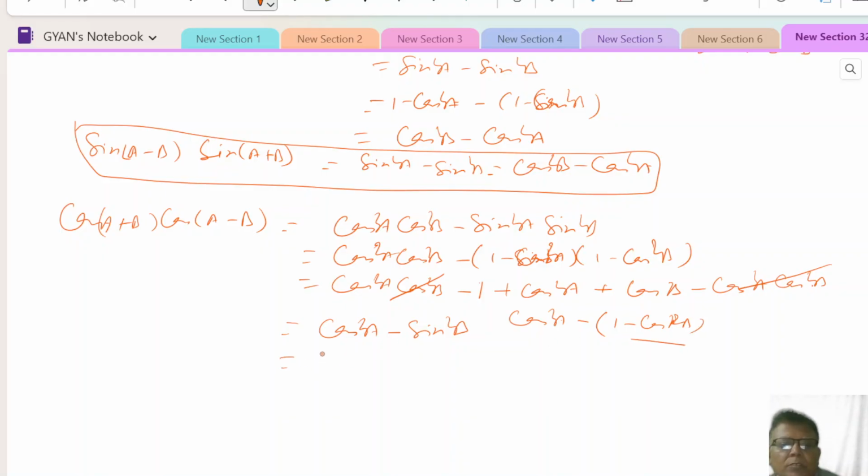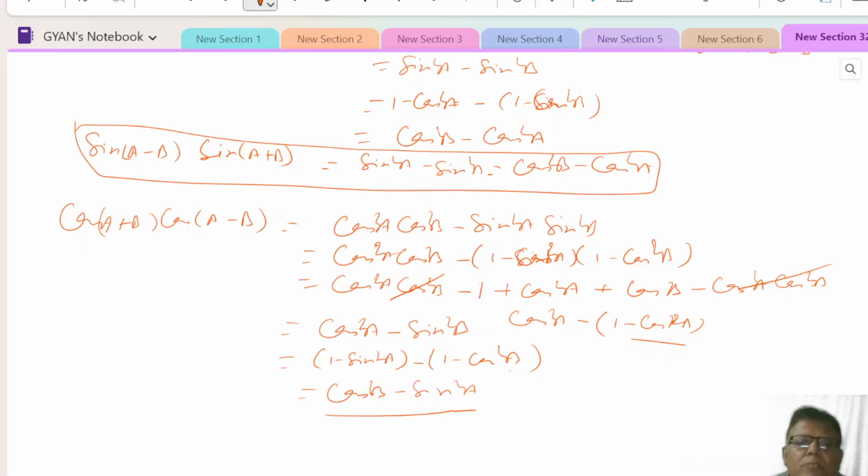So now you convert into 1 minus sin square A and minus (1 minus cos square B). So minus plus, so that will be cos square B minus sin square A. So this is also a very important formula.